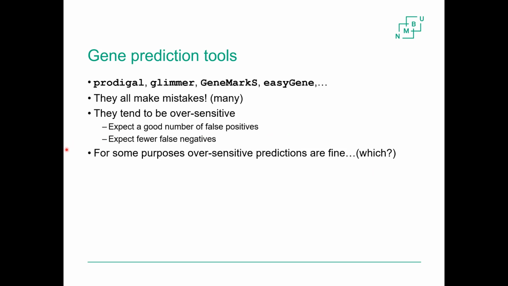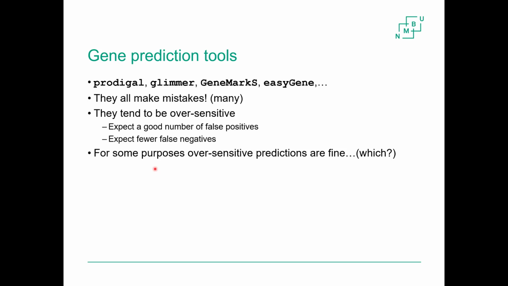These tools have been designed to be oversensitive because it's a good idea for looking for gene expression. But in some other cases, it's a bad idea. For instance, we will later in this course talk about pangenome analysis and core genes and cloud genes.